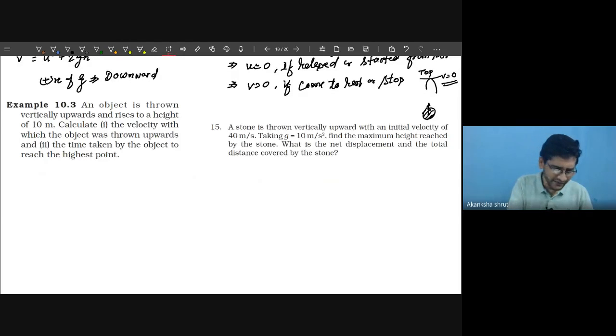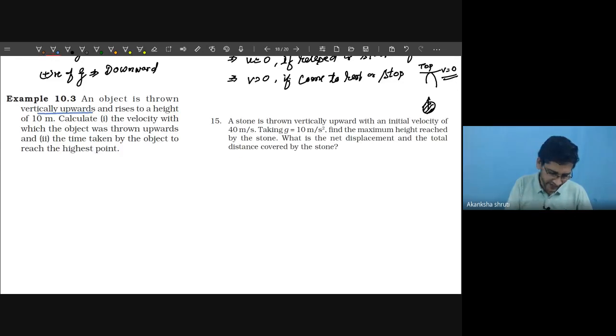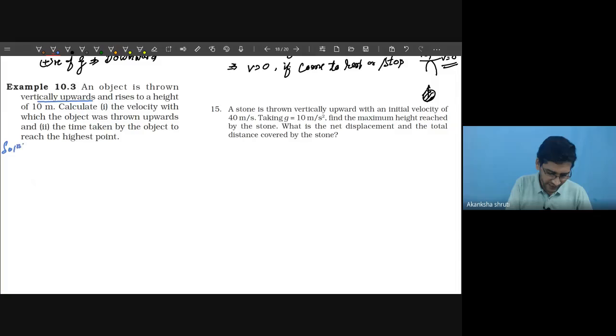In a numerical, we have to note down the given conditions and what is required. So an object is thrown vertically upward. Here you have to keep in mind, first roughly draw the diagram. The body is thrown upward. Just take any object, no need to take the mass here, just draw the symbol of the body.